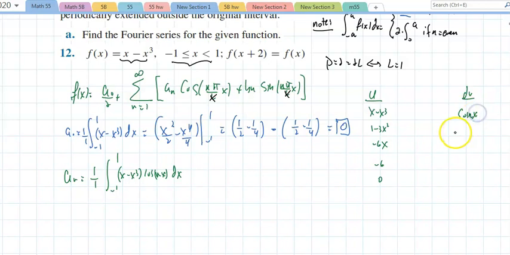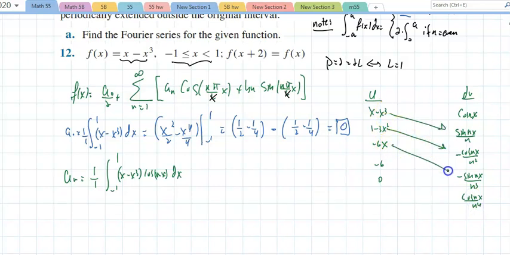For the cosine of nx, this will be the sine of nx over n, negative the cosine of nx over n squared, negative the sine of nx over n cubed, and the cosine of nx over n to the fourth. I need 1, 2, 3, and 4. And wouldn't that be, oh boy, I'm going to write it here. Wouldn't that be x minus x cubed? It's a positive, then a negative, then a positive, then a negative.